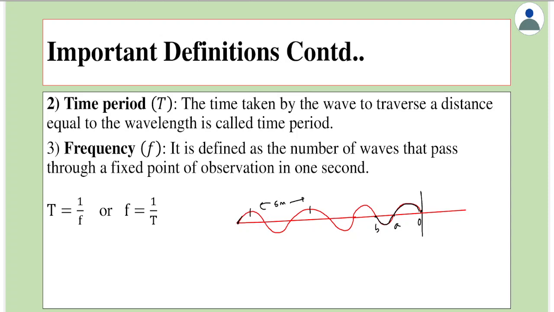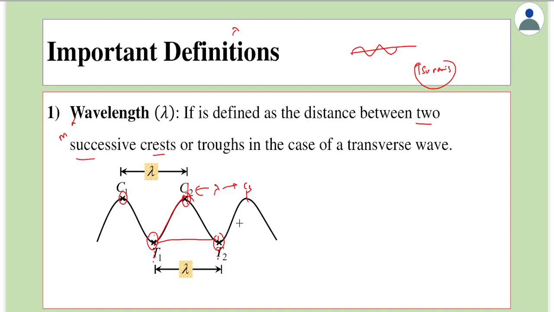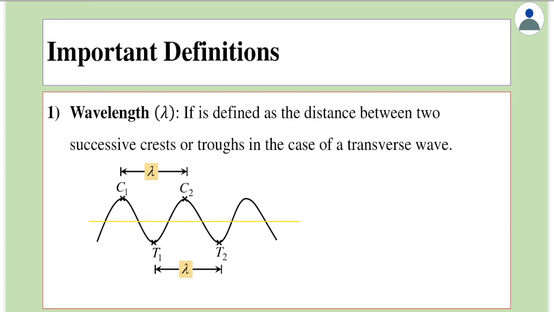One wave contains a complete part of the wave. Let's go back to the previous definition and see it. If you start from some point here, a reference point, and mark a few points here, say point O, point A, point B, then O to A and A to B is one wave. One wave means it contains one complete crest and then one trough.